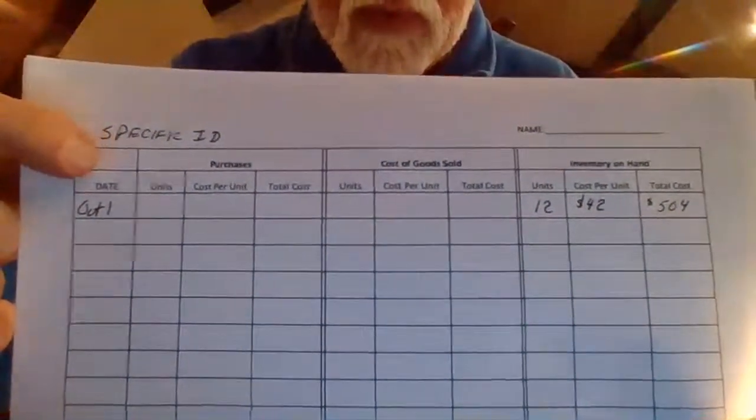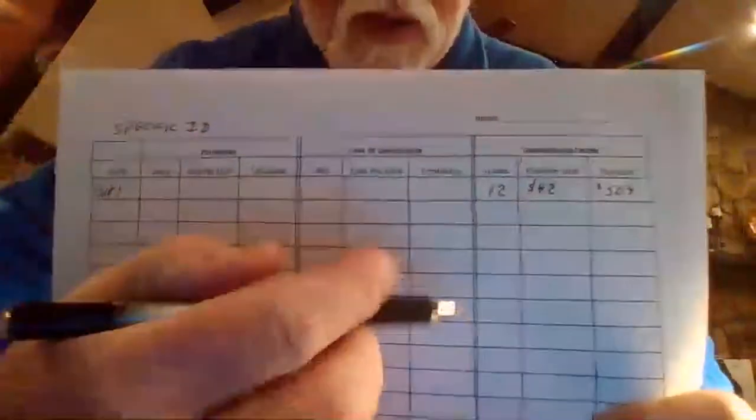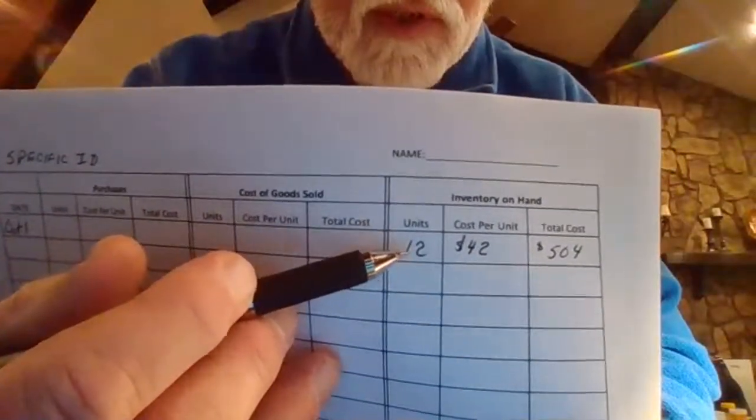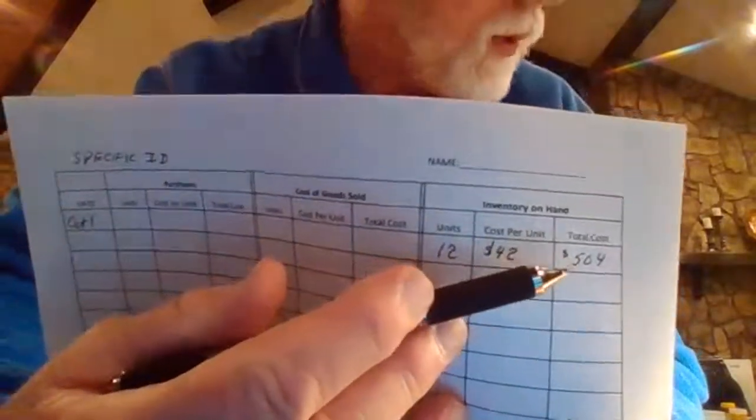So this one is a specific identification, specific ID. All I have here is the date, October 1, and the beginning inventory that they tell us. We had 12 bicycles that cost us $42 for a total cost of $504.